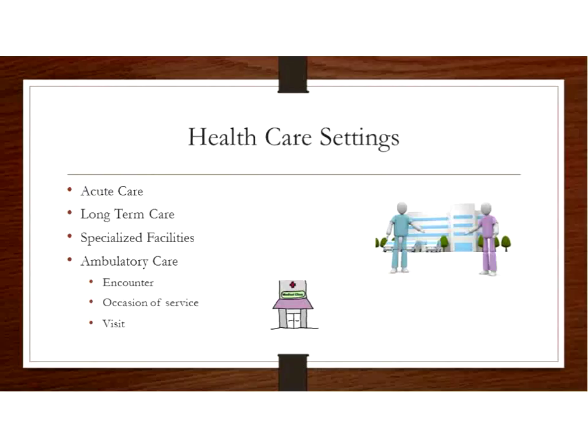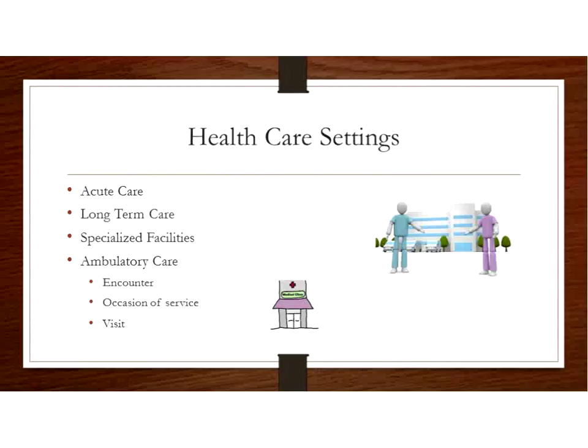Certain payment insurance plans will make patients have to have pre-authorizations for certain types of care, and that can include ER type services to kind of limit them utilizing these services inappropriately. So some plans have that going on.